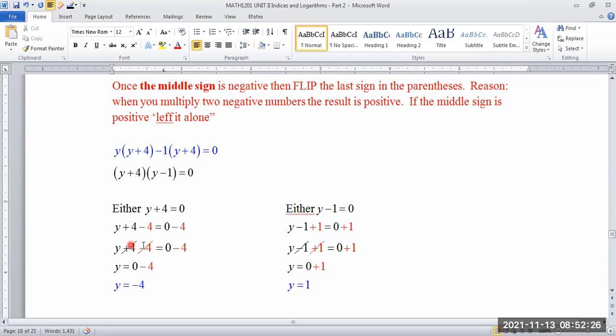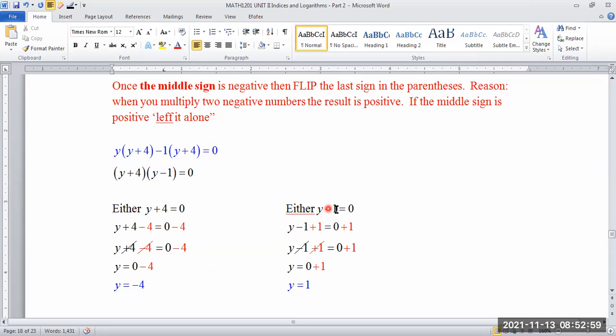But because it's an equation, what I do to one side of the equation, I must do to the other side. So since I'm adding a negative 4 to this side of the equation, I must add a negative 4 to this side also. Because if I don't do it to this side, it means that I'm changing what it is that I have. And I can't. So now that this positive 4 cancels with this negative 4, I'm going to be left with 0 minus 4 on this side, which is just equal to negative 4.